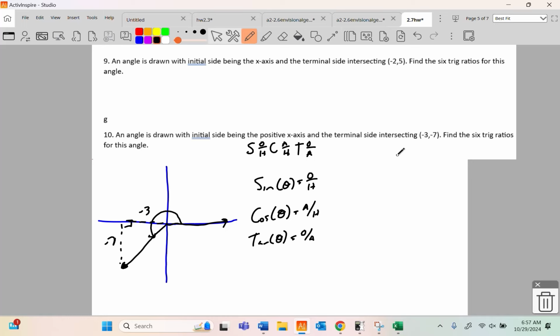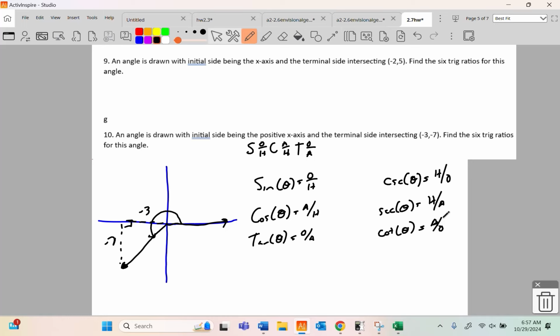The reciprocal of sine is called cosecant, and it would be a hoe. Sine says oh, cosecant is a hoe. The reciprocal of cosine is secant. Cosine says ah, secant is a funny guy that says ha. And the reciprocal of tangent is called cotangent. If tangent is opposite over adjacent, then cotangent must be adjacent over opposite.